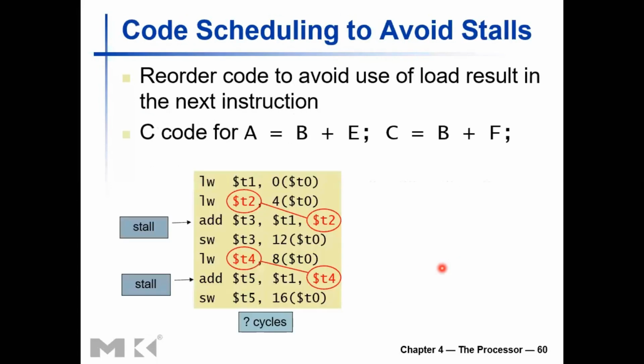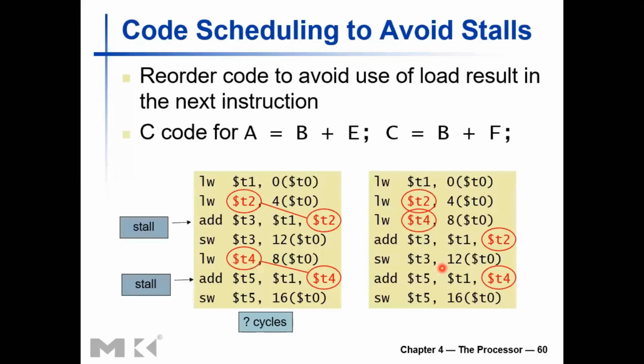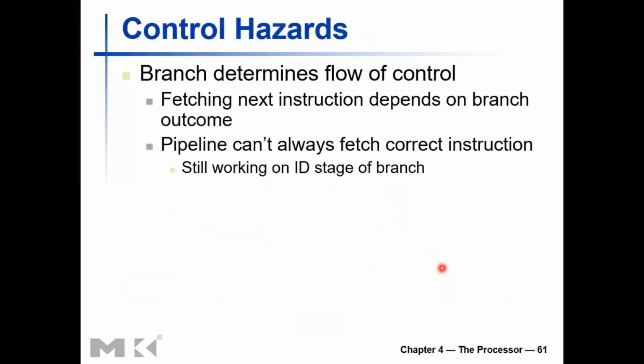And then we talked about how code rescheduling or code rearrangement can be done by the assembler to avoid these load use data hazards and save the wasting of clock cycles.